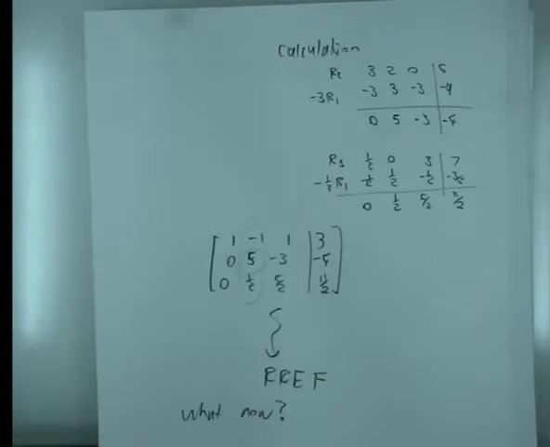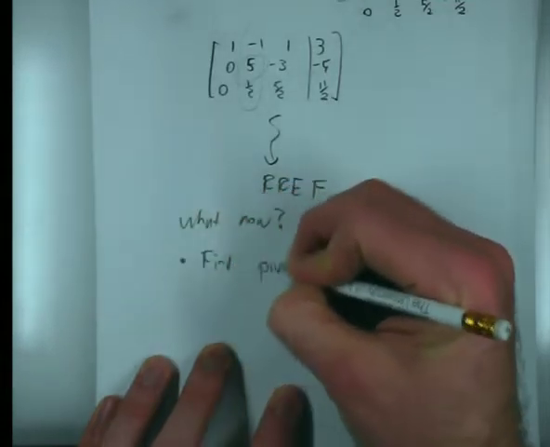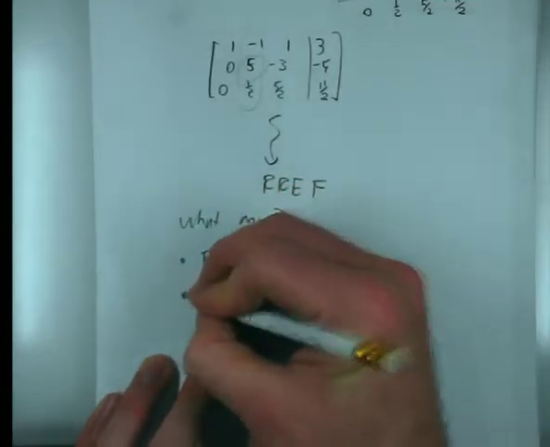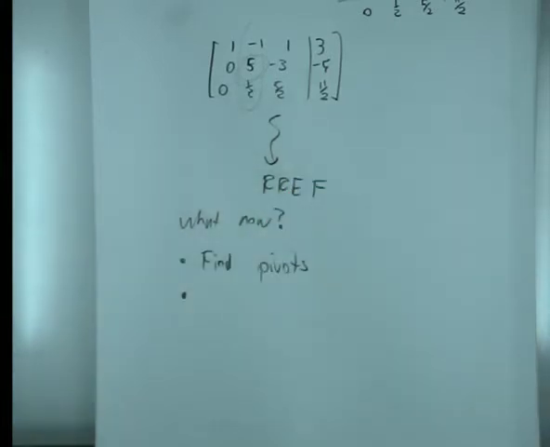And you find the columns that have pivots in them, and they are called basic variables for no good reason.